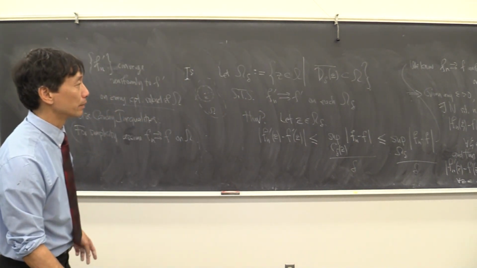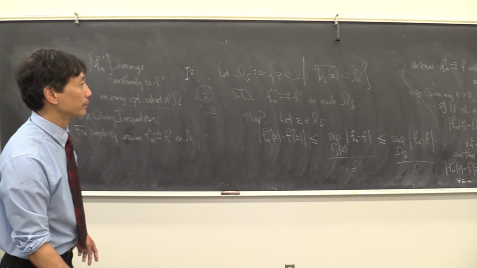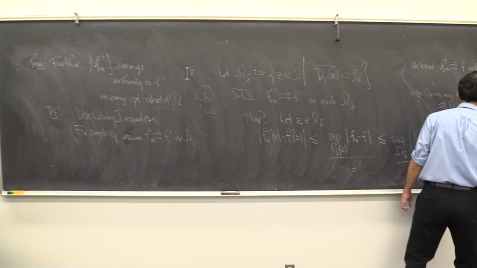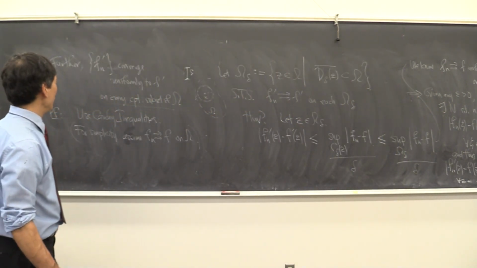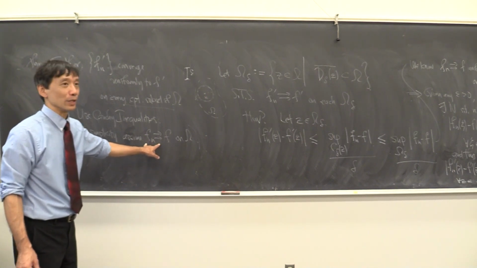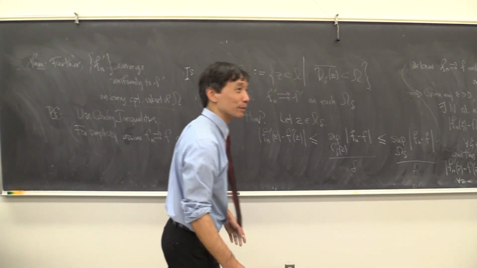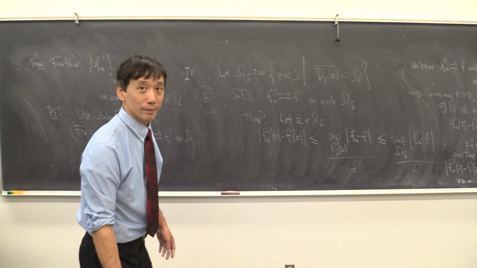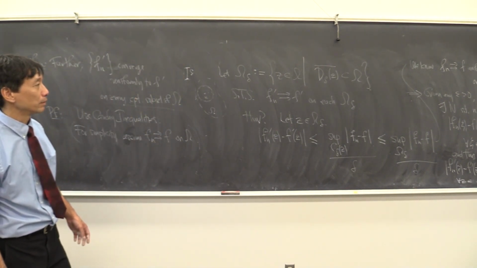Is the for all zeta in omega, why is that not omega delta? You can say omega delta. We had actually uniform convergence on all of omega, but what we need is omega delta. Why are we able to take the supremum over omega delta?